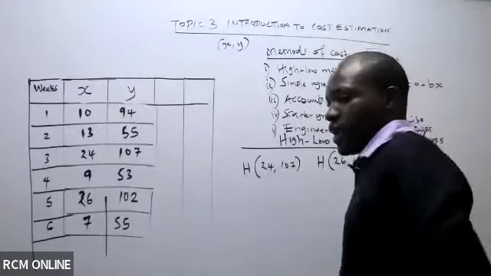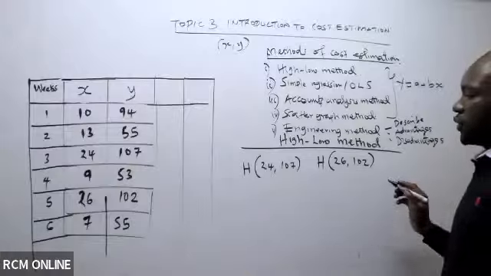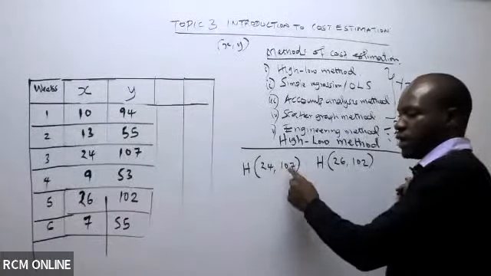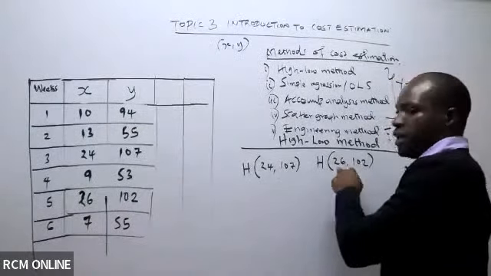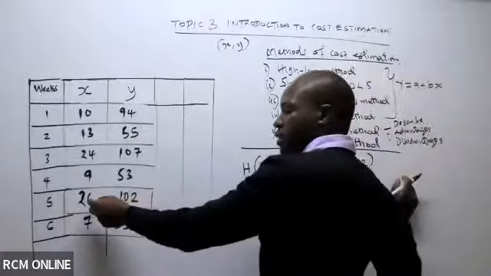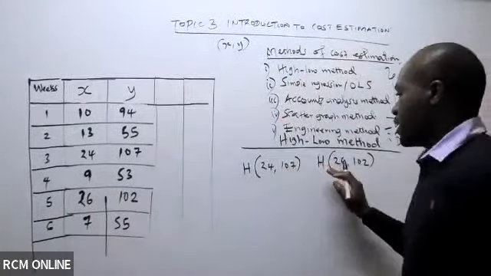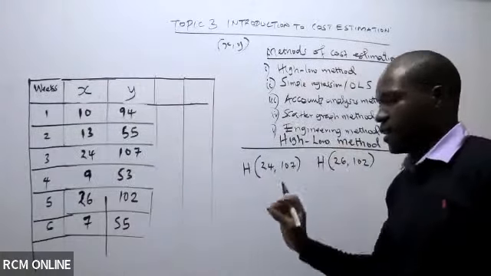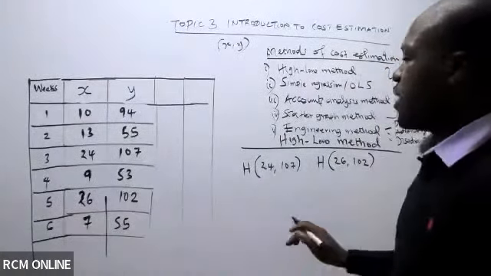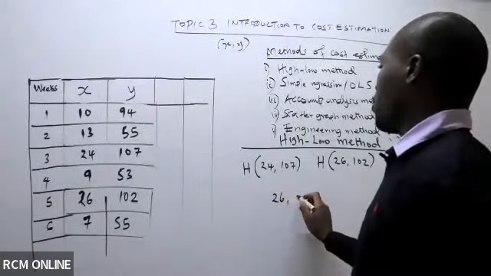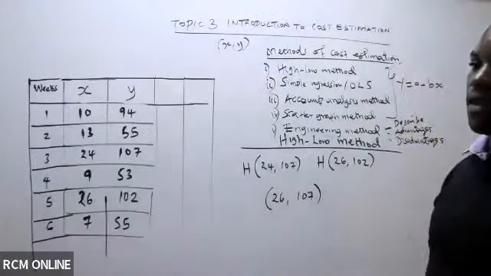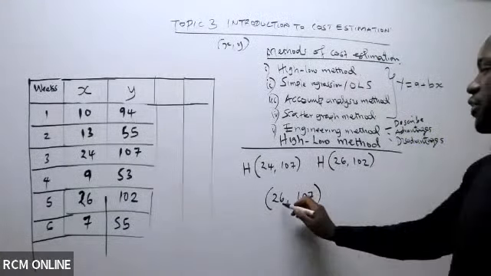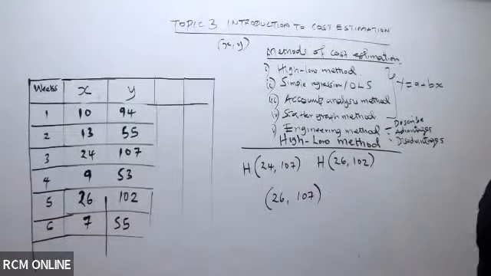So these two people are actually right, because 107 is the highest value, and 26 is also the highest value. But someone who comes and tells us 26, 107, we should not forgive him or her.